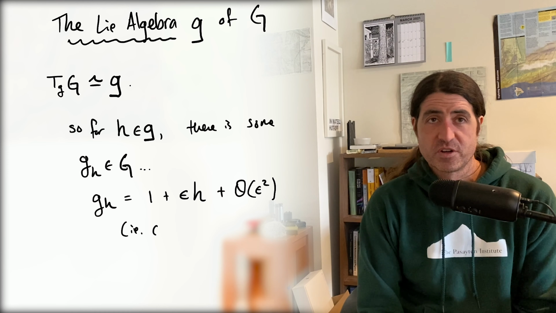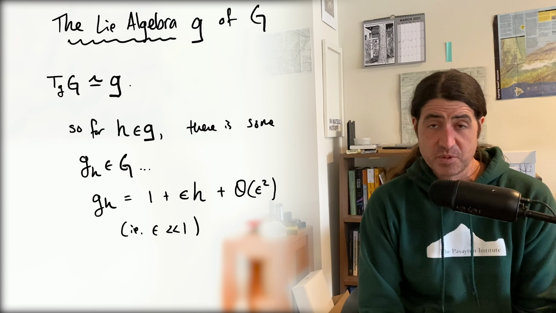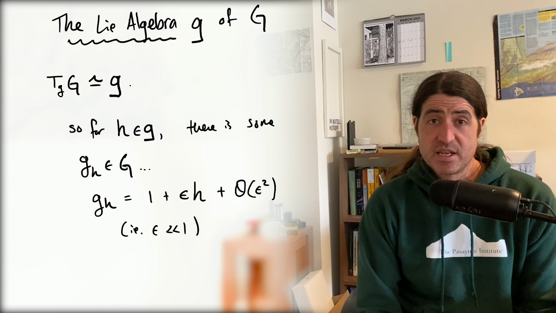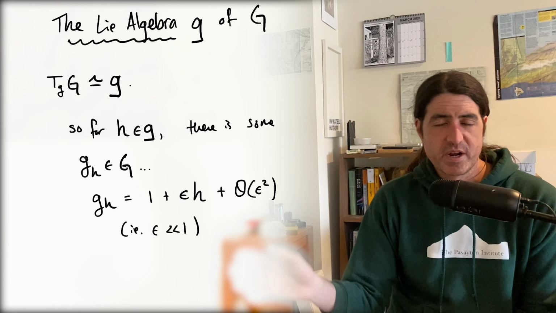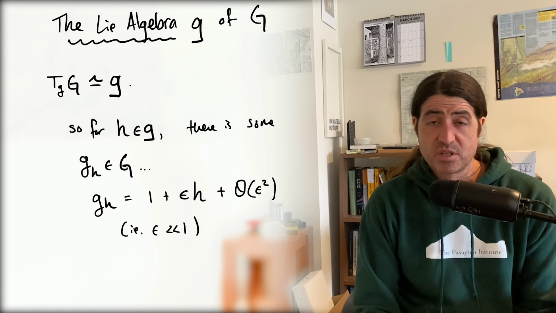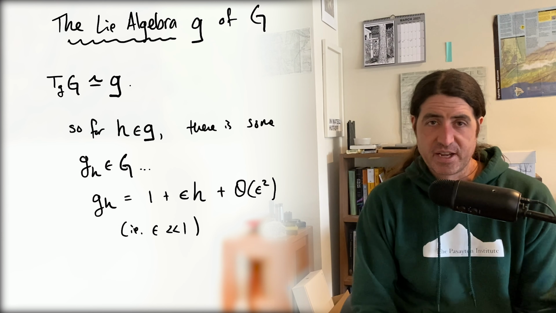So for some element H in the Lie algebra, there is some element in the Lie group near the identity, say g sub H, given by 1 plus epsilon H plus order epsilon squared and higher terms, where epsilon is a number that's really, really small, and we're going to understand that we're going to be taking it to 0 at the end of whatever calculations we're doing.